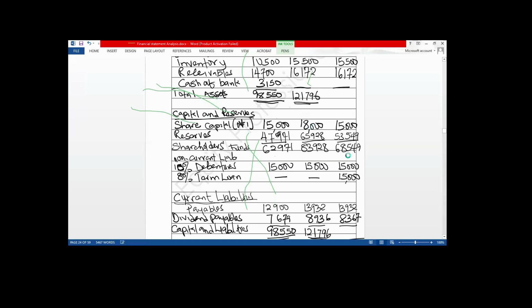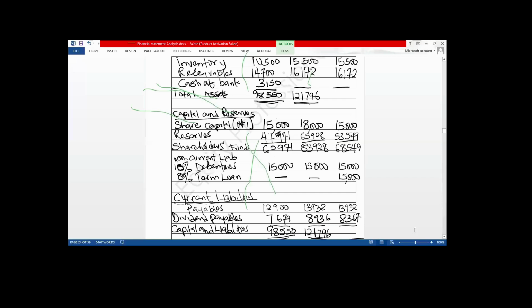For the total assets, I got 104,372. For which year? 2018 rights issue. Please reconfirm your computation.